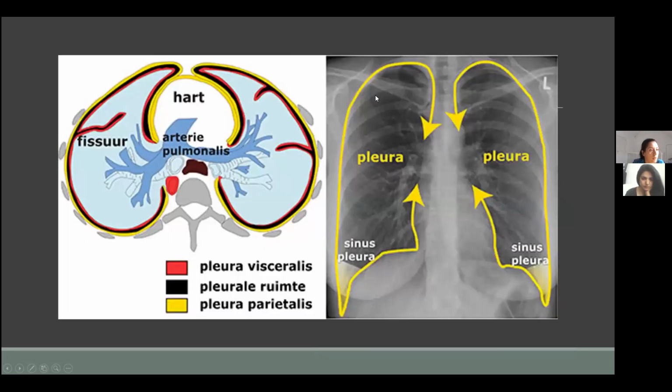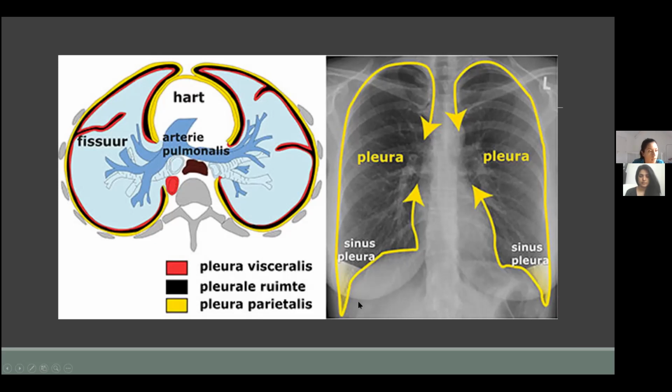So moving more inwards, you see the pleural cavity consisting of the visceral pleura around the lungs, which is the red line on this picture, on both sides, and you have the parietal pleura, which is the yellow line, and between them you have the pleural cavity.